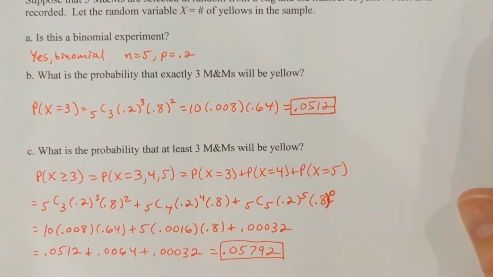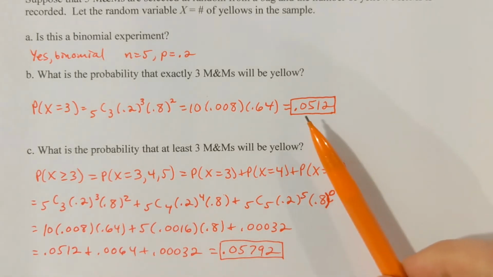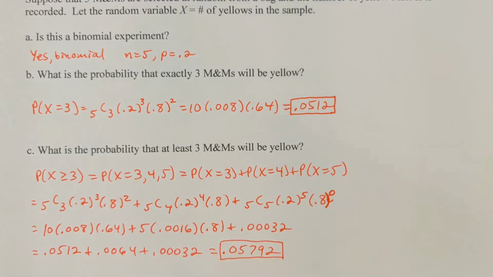So there's a 5.12% chance that 3 out of the 5 M&Ms would be yellow if it were a random selection. By the way, when it comes to the rounding for the problems in this section, I've noticed that the book is usually going out to 4 digits in the answer. So consider that when you're giving the answers on MyMathLab.